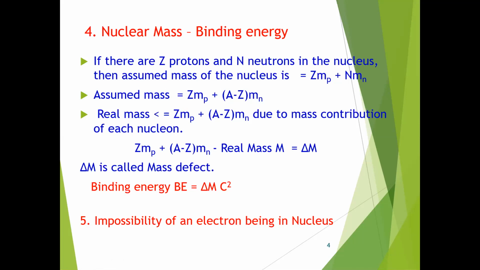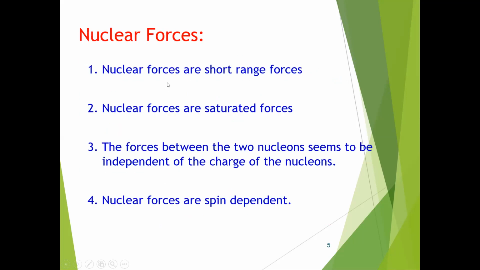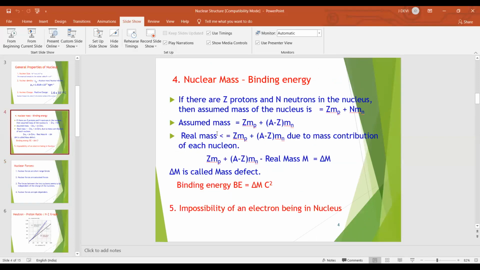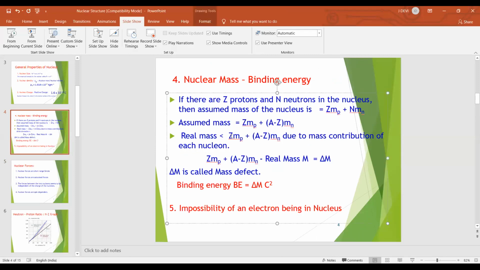But if you compare it with the real mass, this calculated mass is more than the real mass. The real mass is less than the calculated mass. So the calculated mass minus the real mass gives the mass defect.